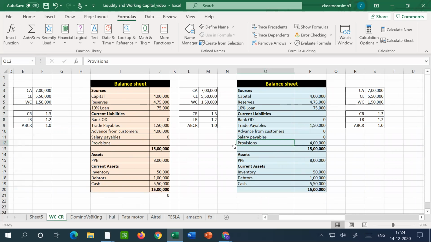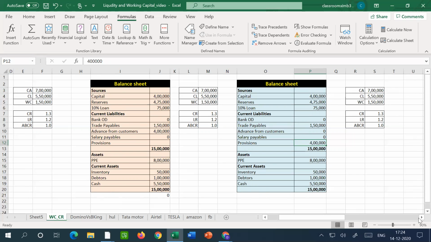Short-term or current provisions are actually the creation of a part of the profit transferred to meet some future expenses, maybe provision for bad debt, maybe provision for repairs, maybe provision for other expenses. So unlike the previous 2 situations, the working capital is the same, but the composition of the current liabilities here is not bank overdraft, not advance, but provision, which is more a book entry.